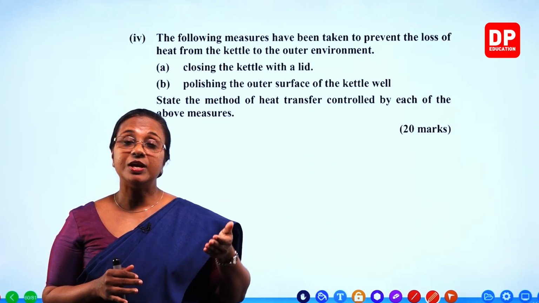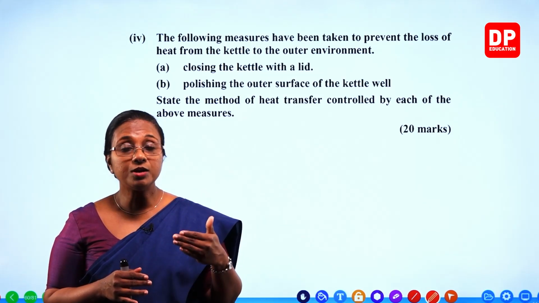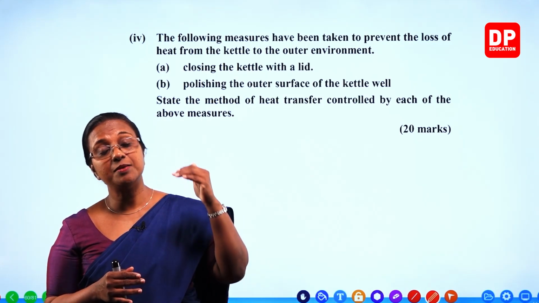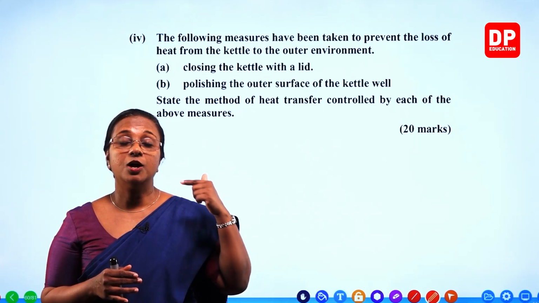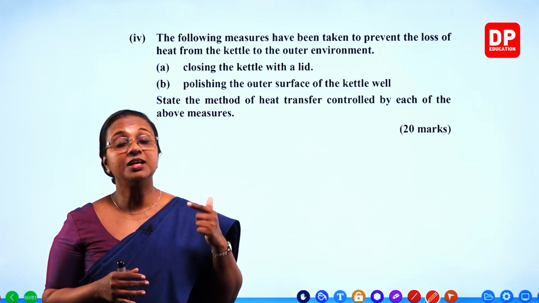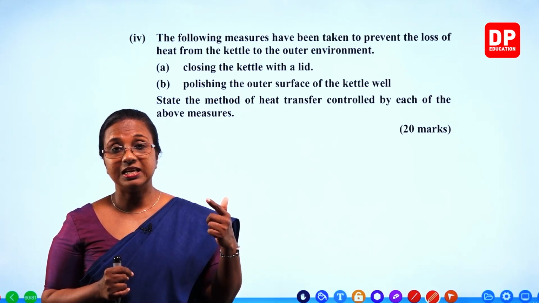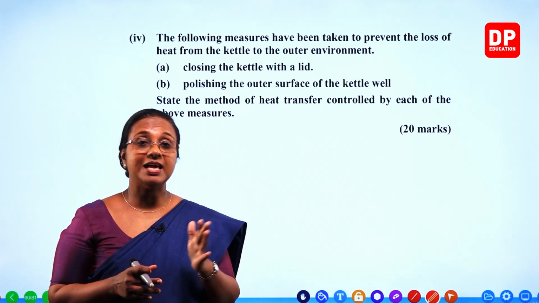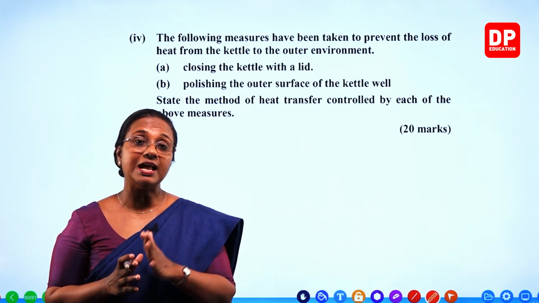There what happens when you provide heat, the particles become hot and the hot particles tend to rise up. At the same time, the cooler particles come down. So this particular movement of hot particles moving up is known as convectional current or convection current. So that process of transferring heat is known as convection. This happens in liquids and gases. So conduction in solid, convection in liquid and gases.